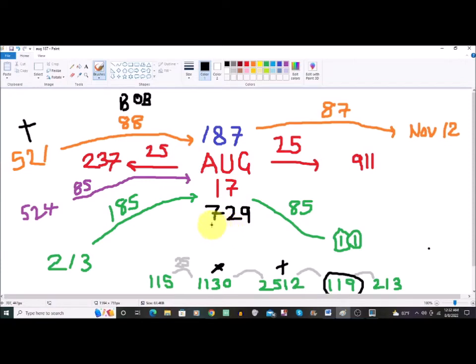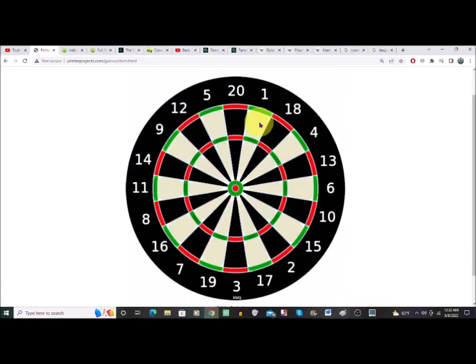And we can apply the days of the year, and we get back to this dartboard date of the 19th of January, which is important because the dartboard date of the 19th of January is partnered up with this number here, the 187 again, and here's the 19th of January.